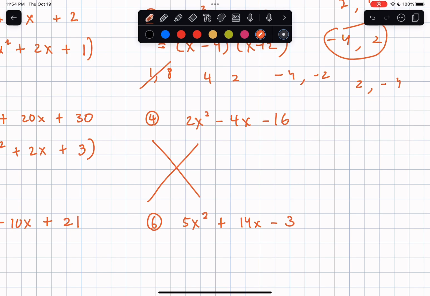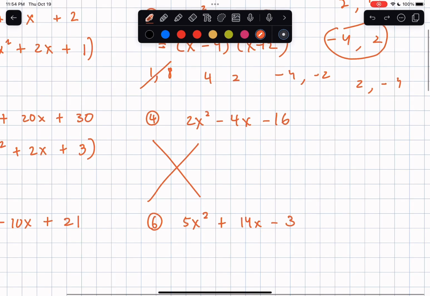Now, we can go to the next one: 2x squared minus 4x minus 16. This one is different. It's a trinomial, but because it has an a value, see the 2 here? Because of that, I use the x method, where I make an x and multiply 2 and negative 16.